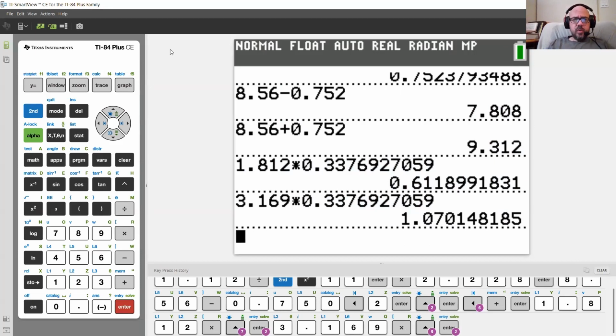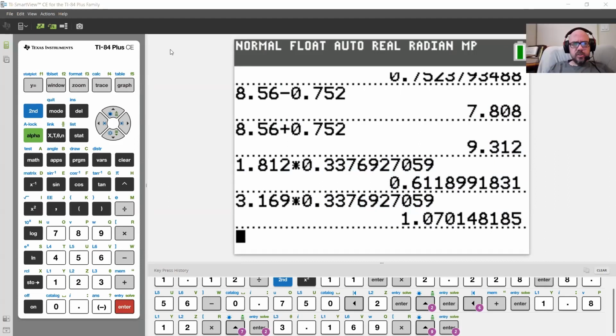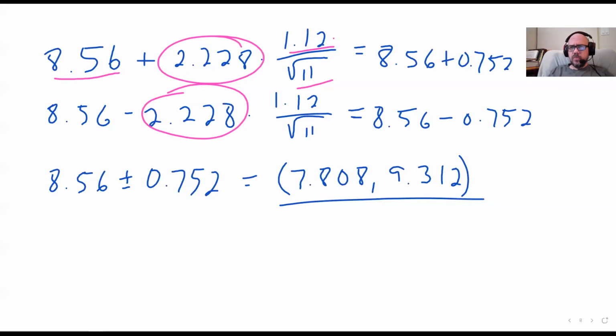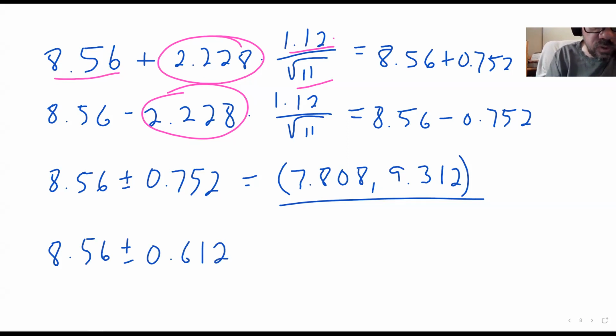So let's go write these. So 0.612. Okay, so we have 8.56 plus or minus 0.612. So this would be a 90% confidence interval. If I want a 99% confidence interval, it would be 8.56 plus or minus 1.07.